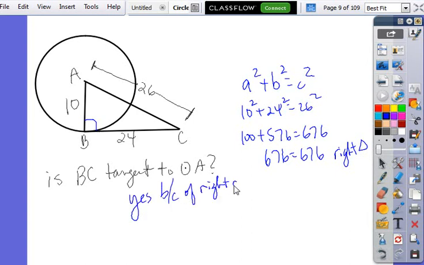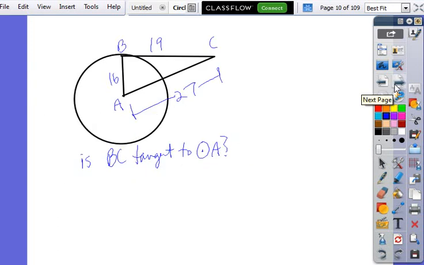All right. So what you've got to check, does it make a right triangle if it gives you something like this? Check that one for me. So when I want to check this one, again, is BC tangent? I'm going to do Pythagorean theorem and see if it makes a right triangle. So 16 squared plus 19 squared equals 27 squared. 256, 361, and 729.